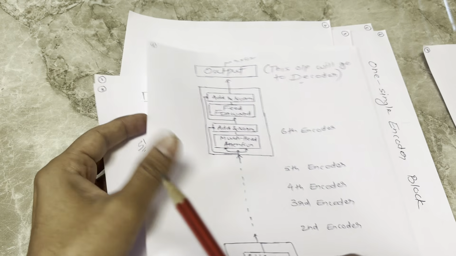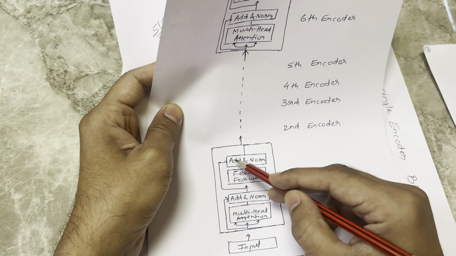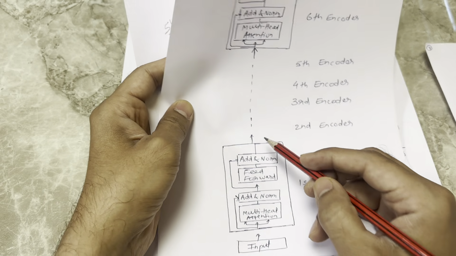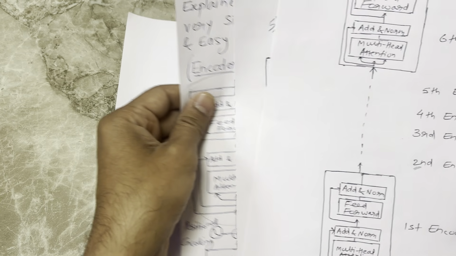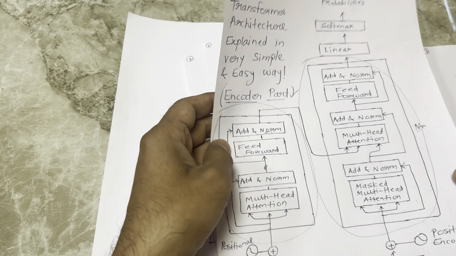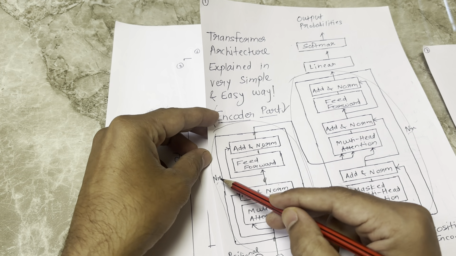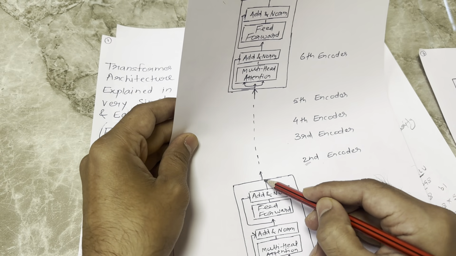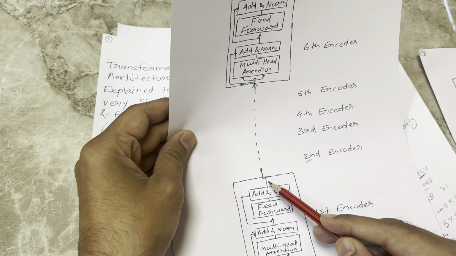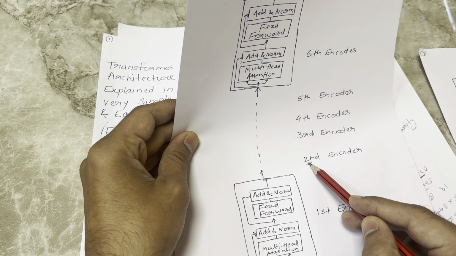That means, as I've told you, we are done with this add and norm in the first encoder block, and whatever output you got here will now go to the second encoder block. That means in our original architecture, we are here. But as I've told you, n value is 6, so like this 6 encoder blocks are there, right? So the output of the first encoder block we got here will go as an input to the second encoder block, that is to the next encoder block.